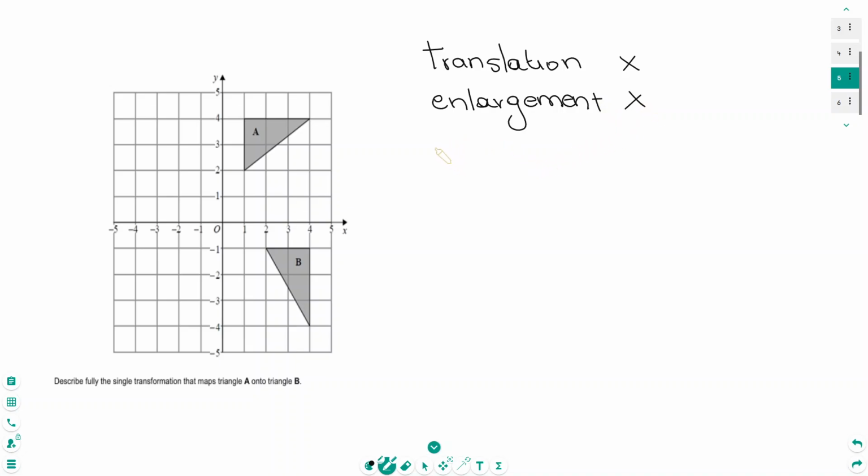It cannot be a reflection. So the possible transformation that can bring the A to the B is a rotation. We need to find what is the point of rotation and what is the angle of rotation.